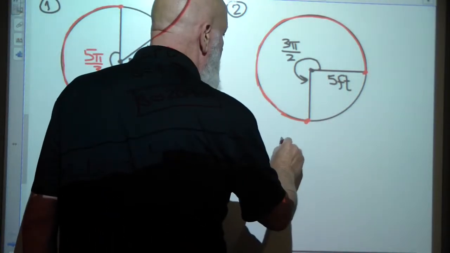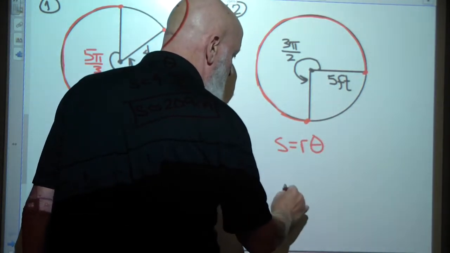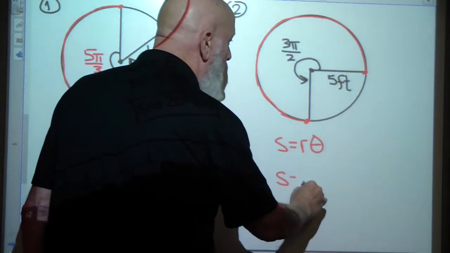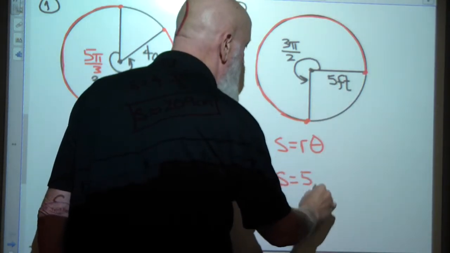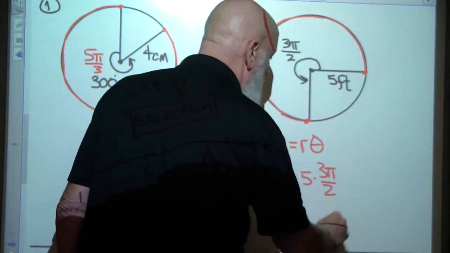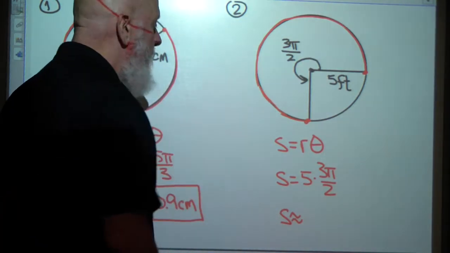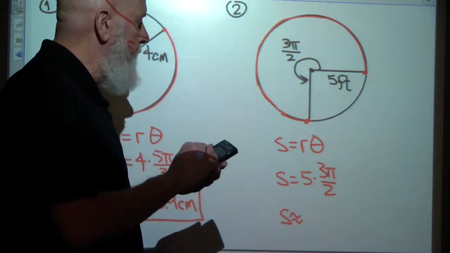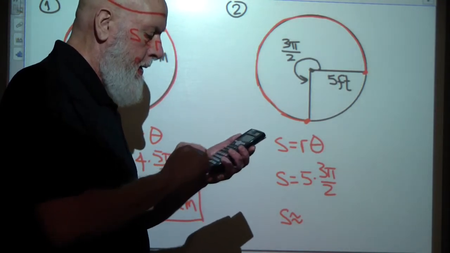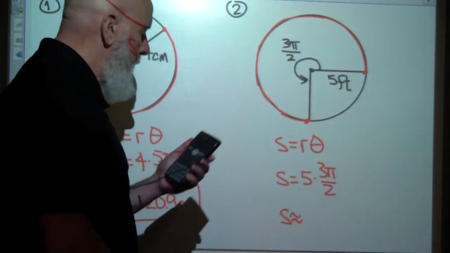So here we go. S is equal to R theta. S is the length of the intercepted arc. R is given to me as 5 feet. Theta is given to me as 3 pi over 2 radians. We plug that into our calculator and round to the nearest tenth, because that's what we were asked to do. 3 times 5 is 15 pi, and I divide that by 2, which gives me 23.56.